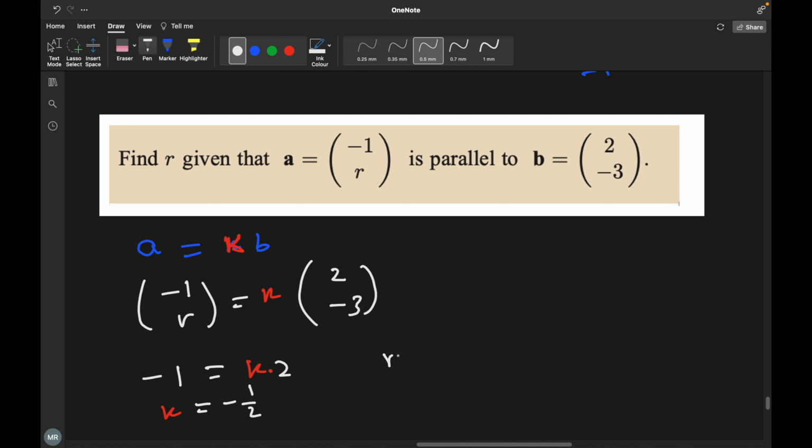And if we want to find r, it is basically -1/2 into -3, which is basically 3/2. And that's how you solve a question like this.